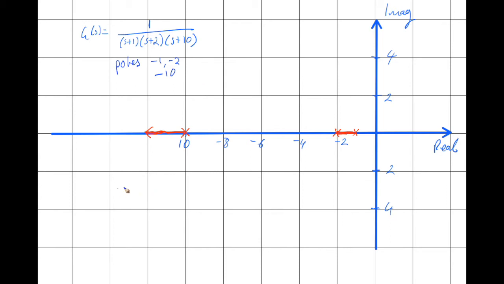So in this case it's minus 1 plus minus 2 plus minus 10 over the number of poles minus the number of zeros, which in this case is 3. And so that equals minus 13 over 3, which equals minus 4 and a third.